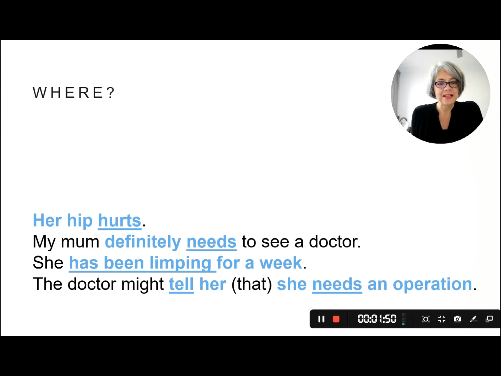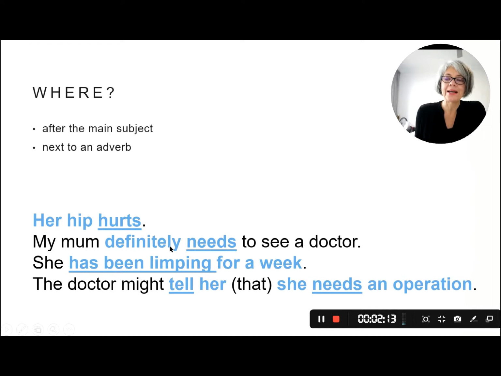In the first sentence here, the verb hurts comes after the subject, her hip. In the second sentence here, the verb is next to the adverb. And adverbs are usually easy to recognize by ly. So adverb, verb.